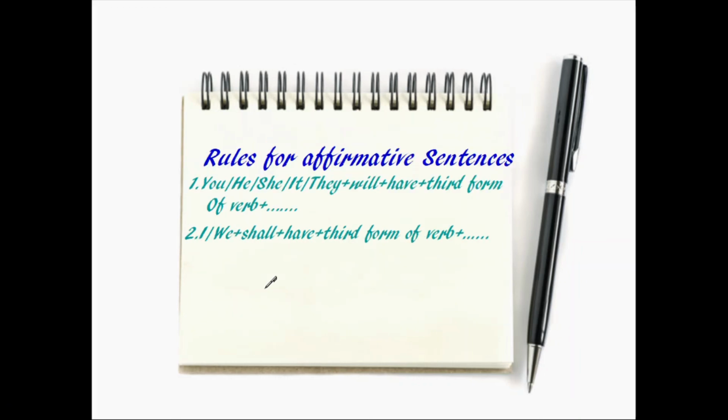Understood? Now, here are the rules for affirmative sentences. First is you or he or she or it or they plus will plus have plus third form of verb. You have to notice here what came: third form of verb. In the last two types, it was the first form of verb. Then the rest of the sentence.